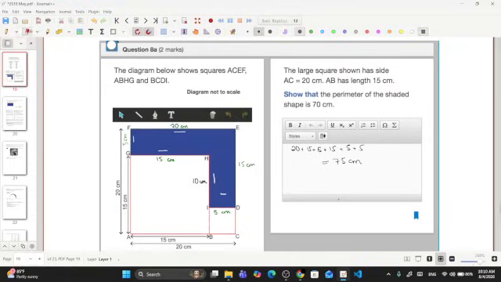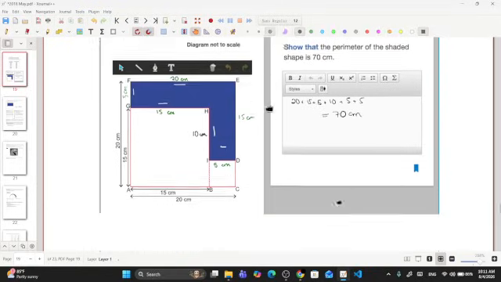So one of them is going to be 10. If we add all of these together, the total perimeter will be 70 centimeters. That's how we calculate the external perimeters. Alright?